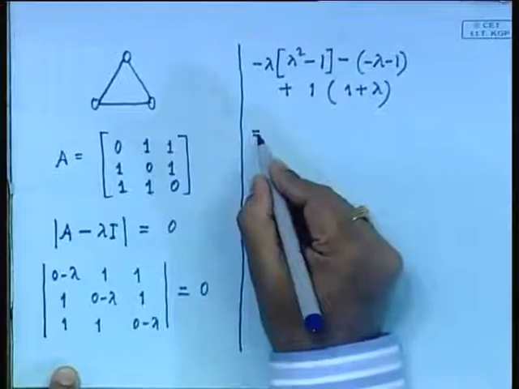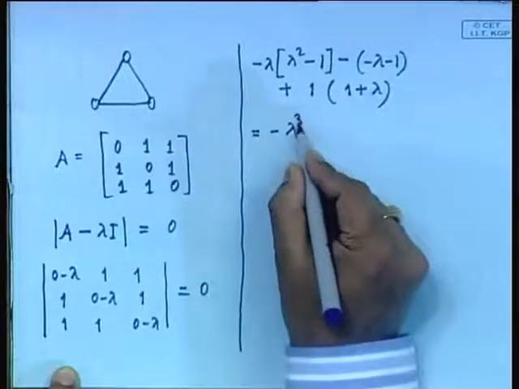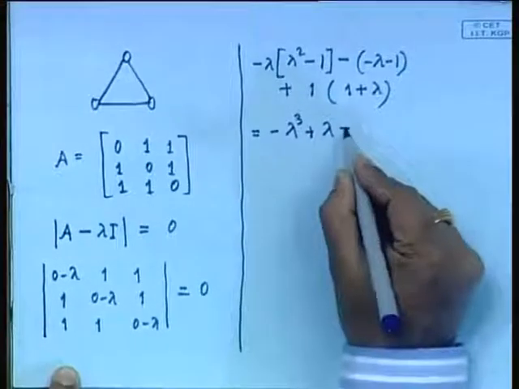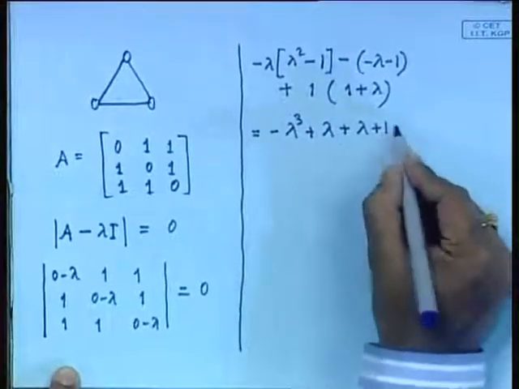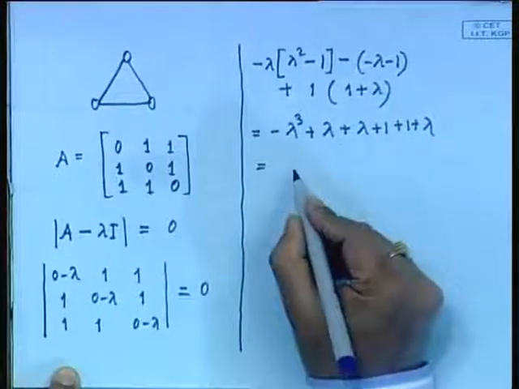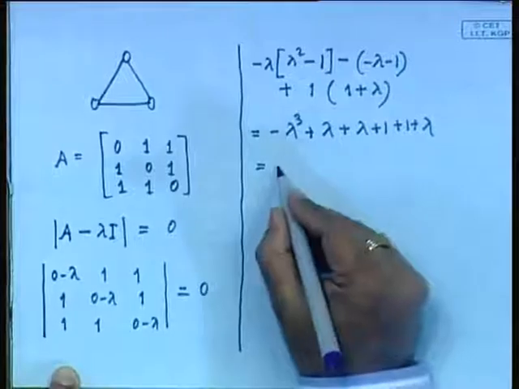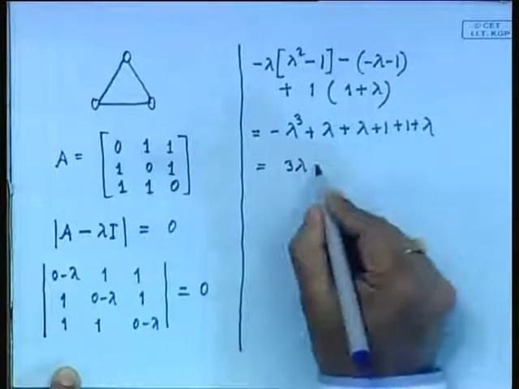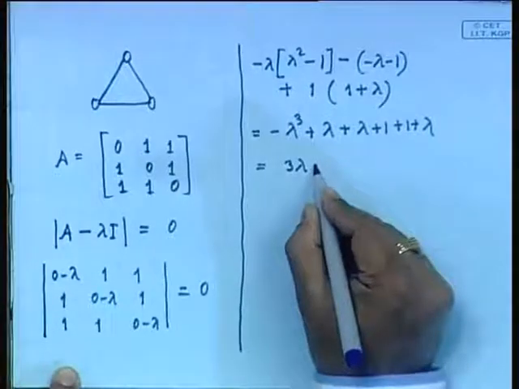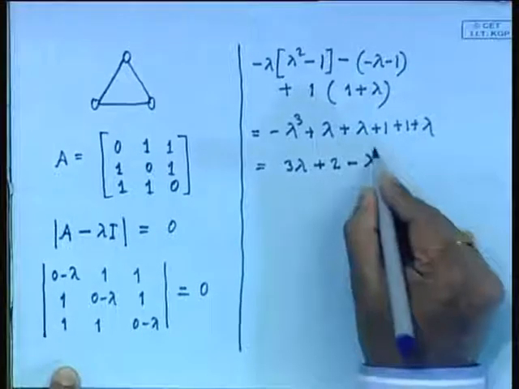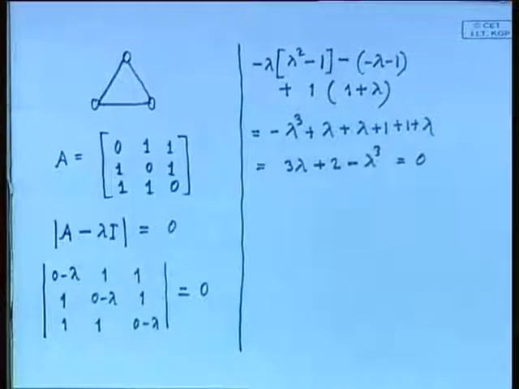Okay. So, if I simplify, I have this plus lambda plus 1 plus lambda, or I have 3 lambda plus 2 minus lambda cube equal to 0. So, this is the equation that we get finally.